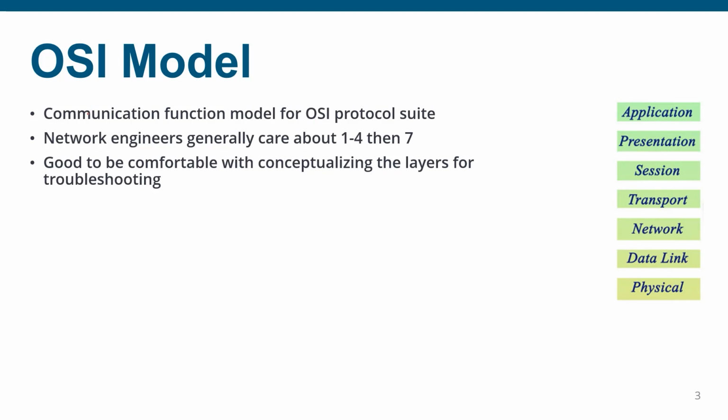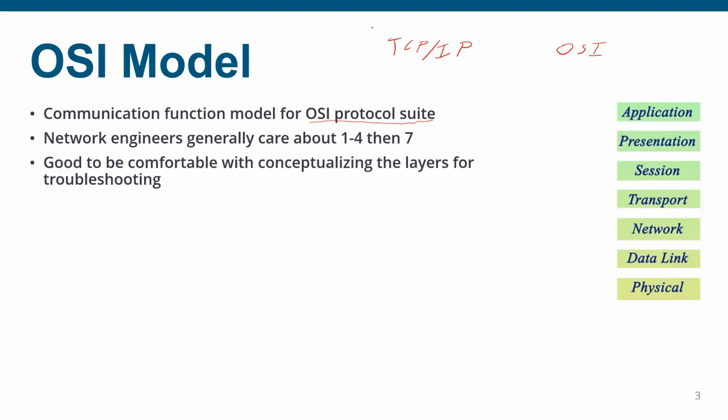The OSI model is a communication function model for the OSI protocol suite. Now, the OSI protocol suite is not really in use anymore. This was back in a time when TCP over IP and OSI were the two main competitors for our wired networks.